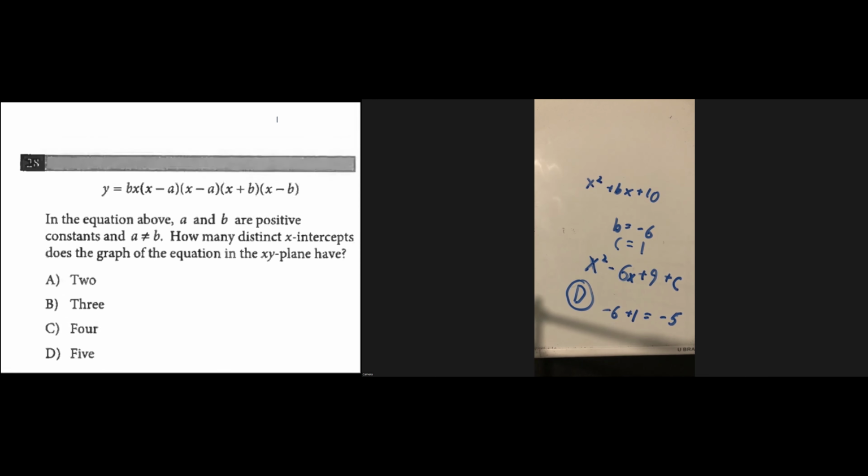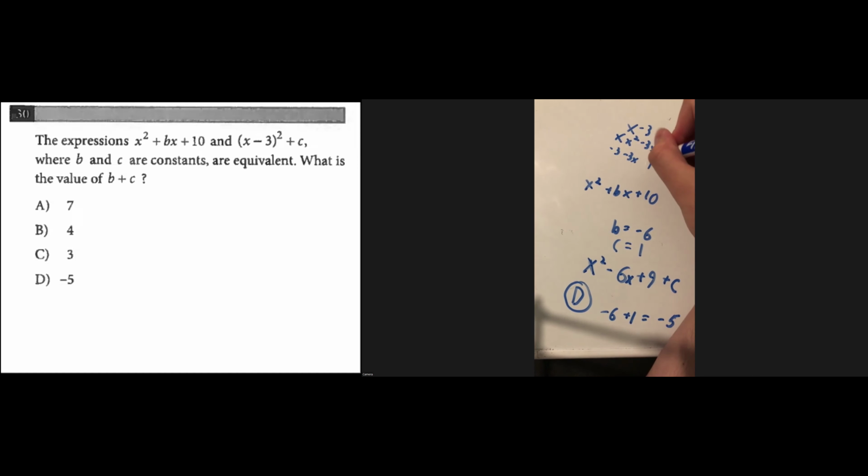Okay, so someone asked, can you explain how you solve for b and c? So back to question 30. We're given x squared plus bx plus 10, right? And for the other expression, we're given (x minus 3) squared. So if we multiply that out, x minus 3 times x minus 3, we get x squared, negative 6x, and positive 9.